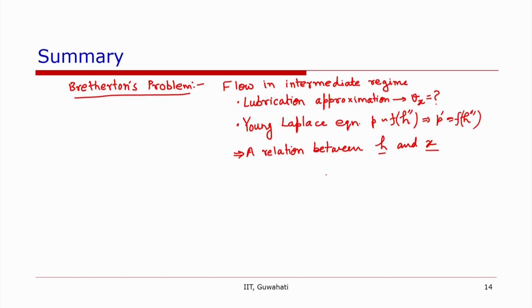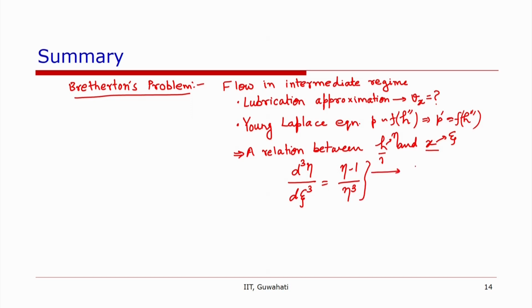And when we non-dimensionalized it, H was replaced by eta and X was replaced by psi, and we got a relationship d cube psi over d eta cube is equal to eta minus 1 over eta cube. And then, because this equation is non-linear, we looked at the solution of it for two regions.